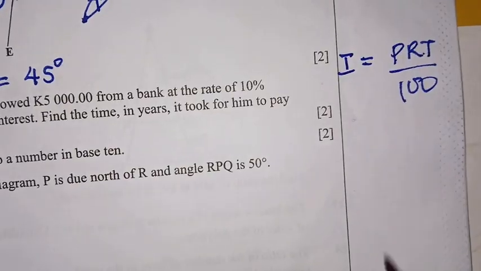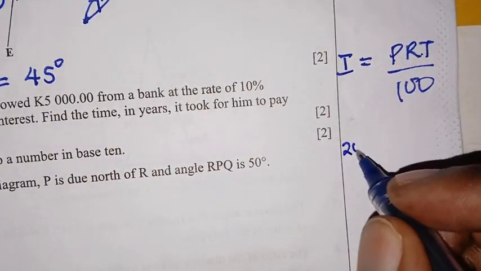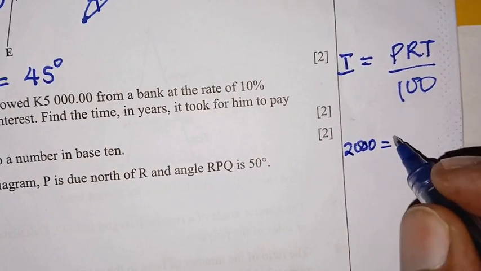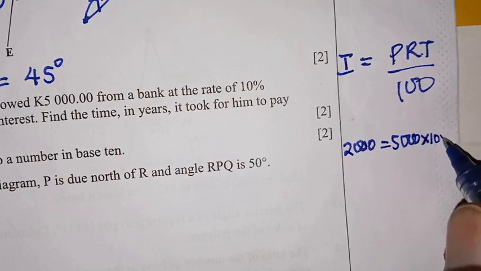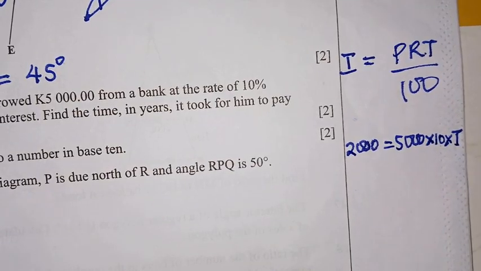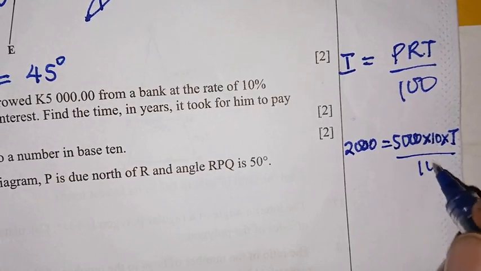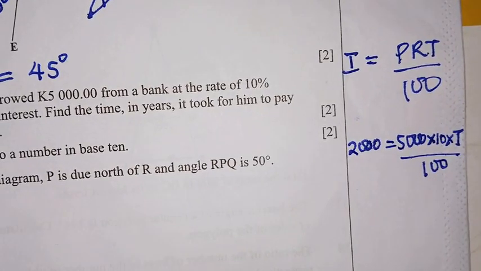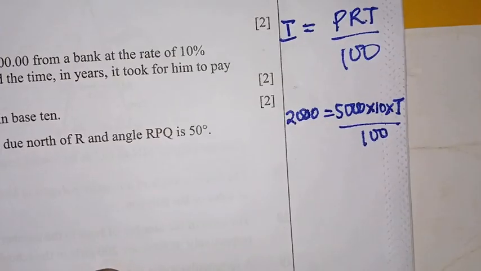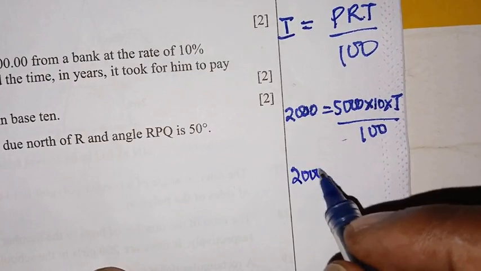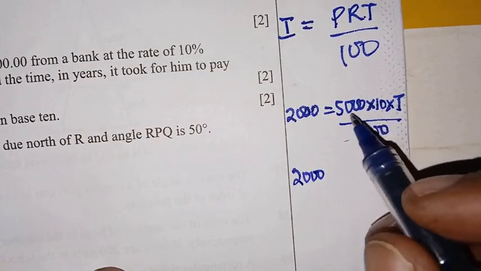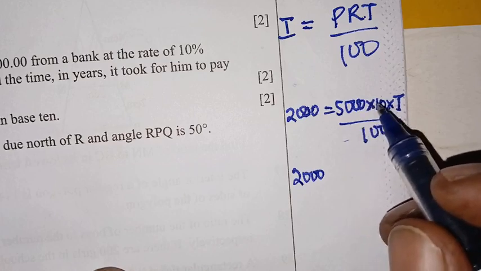Are you getting what I'm trying to say? So this is the 2,000 interest. The principal is 5,000. This is given as 10. Then here we are looking for this T. Then here we have the 100. Okay, so we need just to simplify this by maintaining the 2,000 this side. Then I've got 2 zeros here, so I'll knock out the 2 zeros on top there.